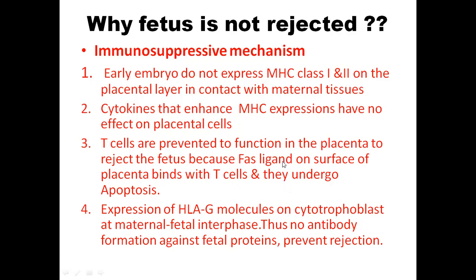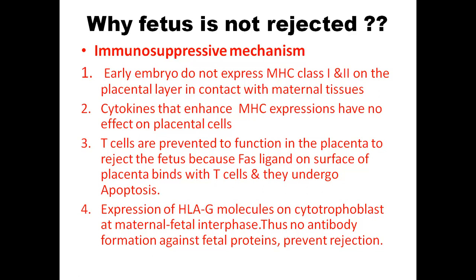And the third point is the expression of HLA-G molecules on cytotrophoblast. This human leukocyte antigen G acts at the maternal fetal interface. Thus, no antibody formation is allowed, and this all prevents the fetus rejection.